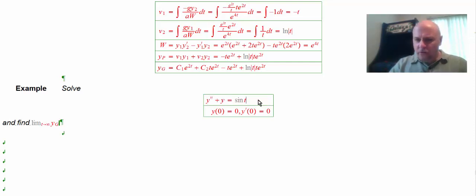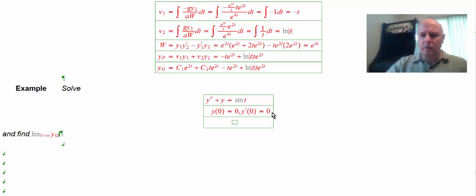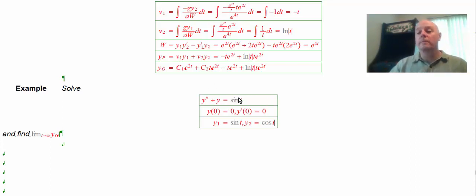When I look at this, I see that the homogeneous part is simple harmonic motion. I can see that the eigenvalues are going to be plus or minus i, because the auxiliary equation is lambda squared plus 1. So my little solutions are going to be y1 equals sine t and y2 equals cos t.